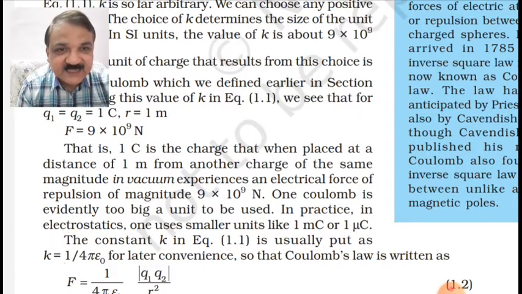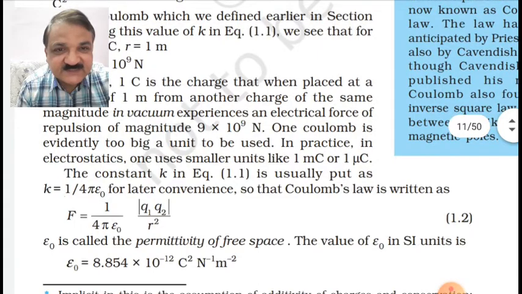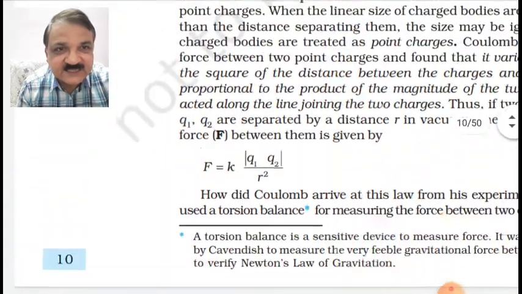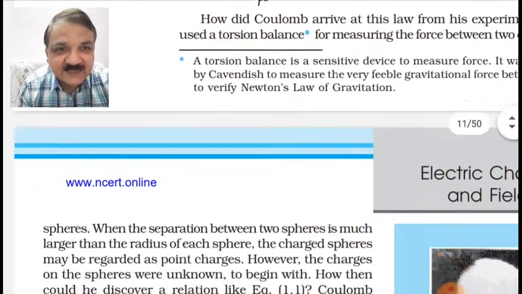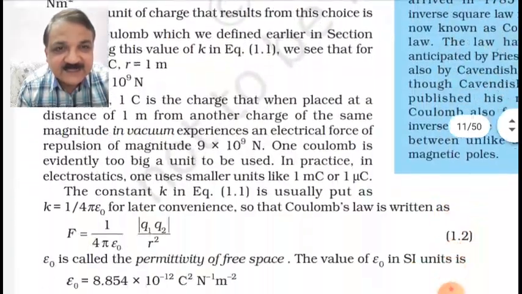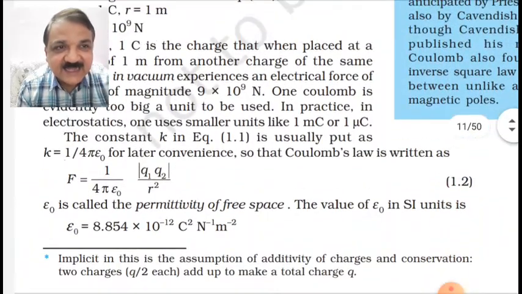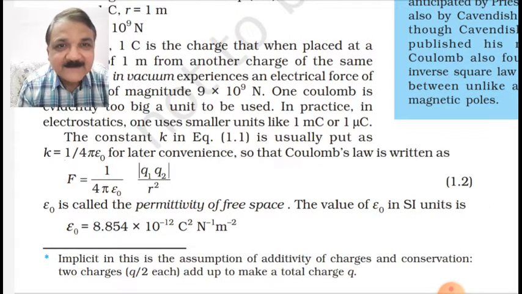Now see, F is equal to K Q1 Q2 by R square. Here the constant K has been replaced by 1 by 4 pi epsilon naught, a new constant.